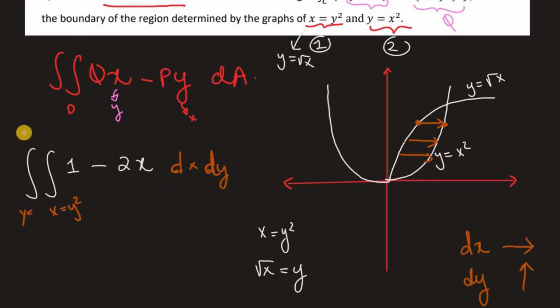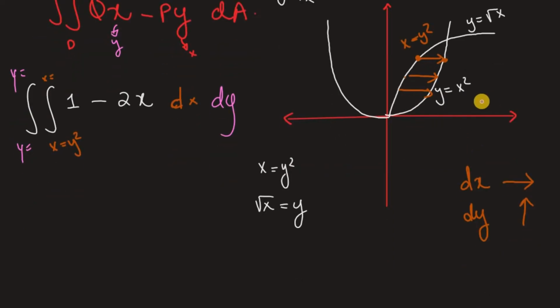Then this has to be y equals something, and this is going to be x equals something for the upper limit as well. So now we need to know the equation of this line. This line we know is x equals y squared, and what about this line? Here we have this equation y equals x squared in terms of y, but we need it in terms of x.